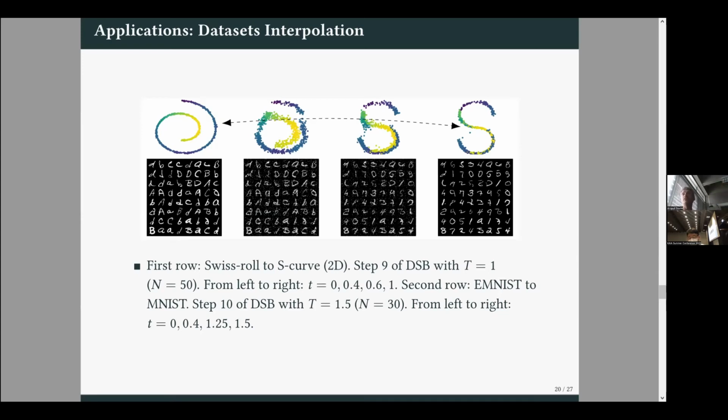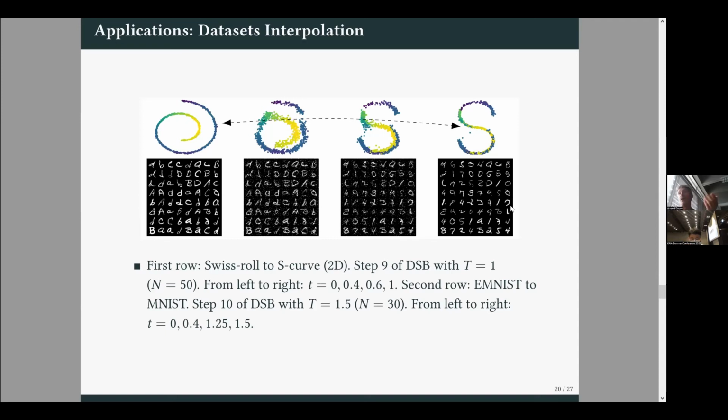So in particular, if you give me 2 empirical distributions, then I can use this mechanism to interpolate between these 2 distributions. And you can think of it, once more, as an approximation of the optimal transport between these 2 distributions. So here, for example, we interpolate between the distribution of EMNIST and MNIST.